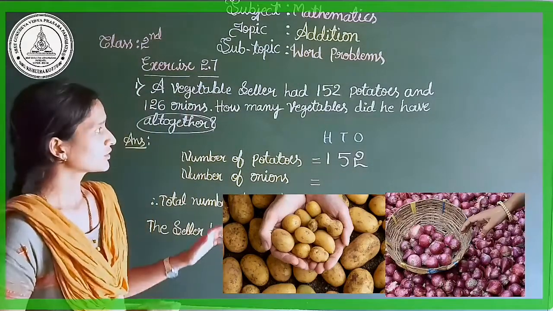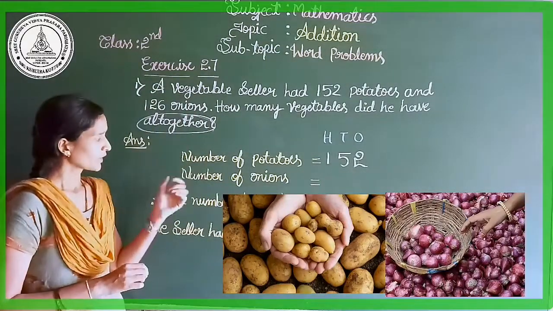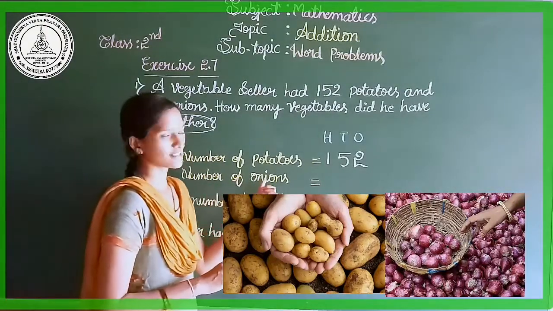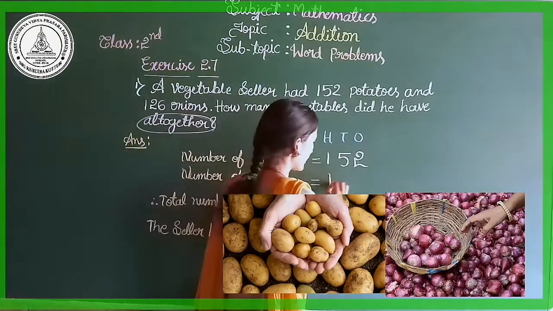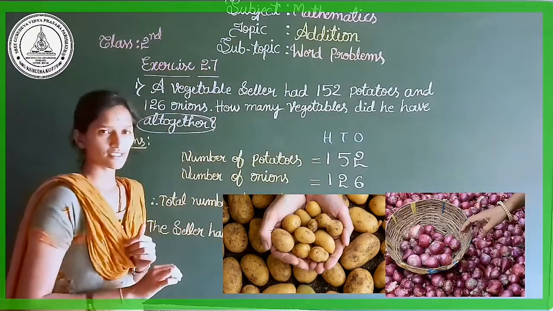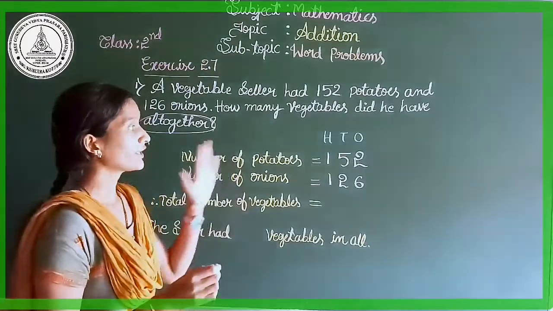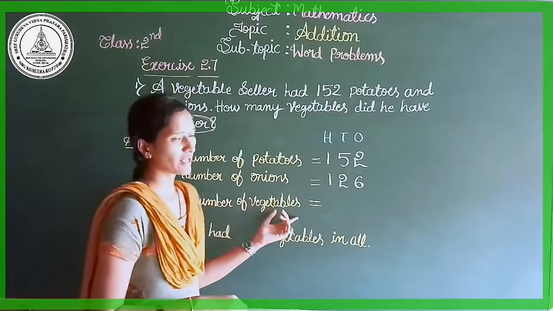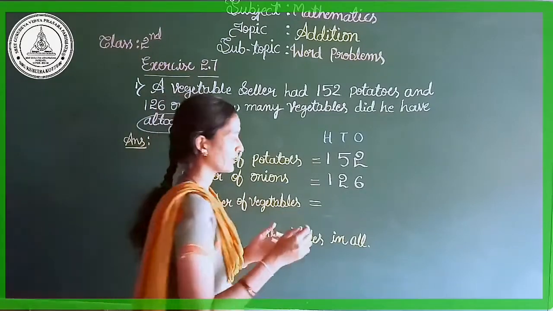So next, the total number of onions is 126. So next, what did they ask? The total number of vegetables. So you have to find it.